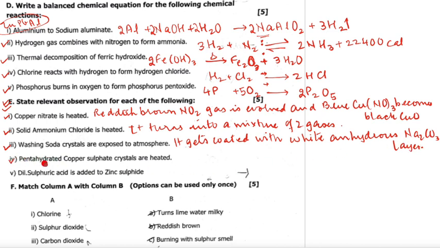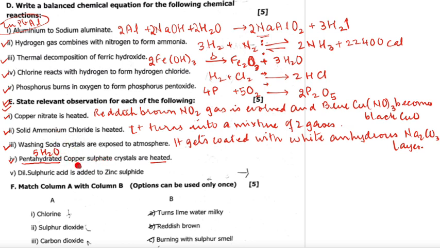We come to pentahydrated copper sulfate crystals. Pentahydrated means water of crystallization. There are 5 molecules. Now when you heat, these water of crystallization molecules will be evaporated.